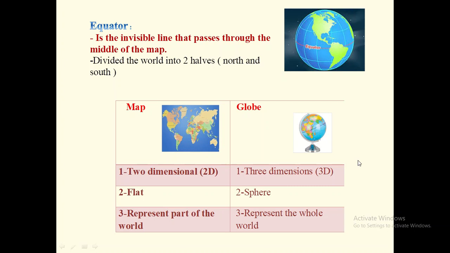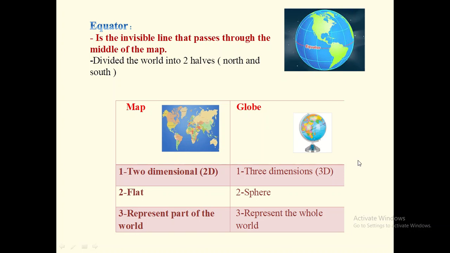Equator, it's an invisible line that passes through the middle of the map. It divides the world into two halves, north and south.